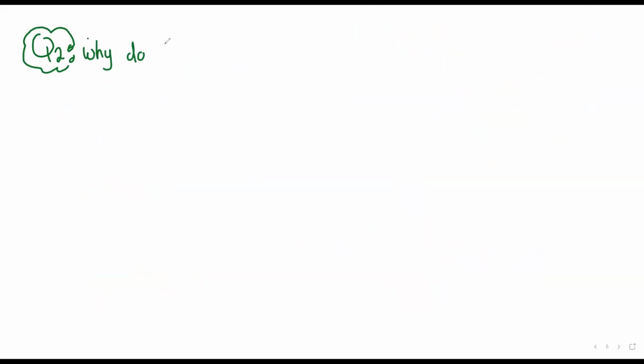Why do I find dy by dx? Or what are the questions that will follow finding dy by dx? Always and forever, dy by dx, as we said, represents the gradient of the tangent on the curve. So why do I find dy by dx?